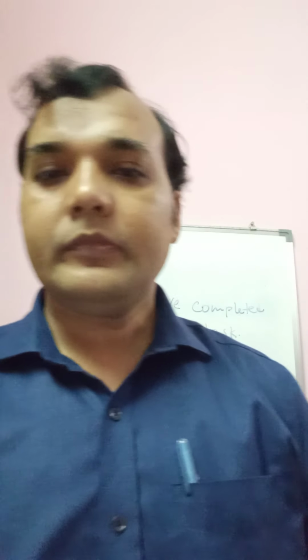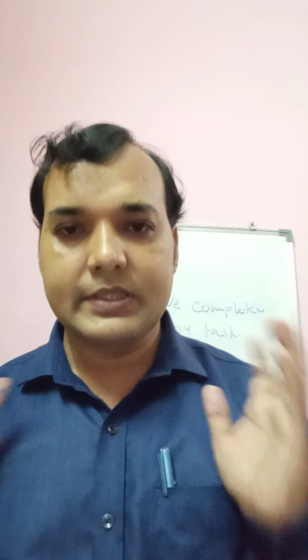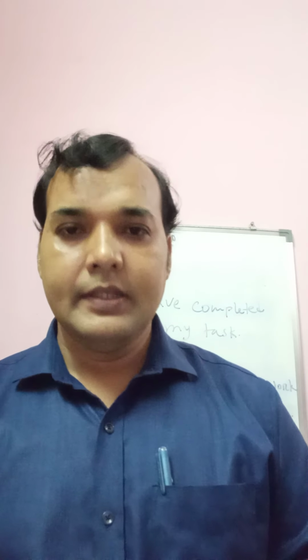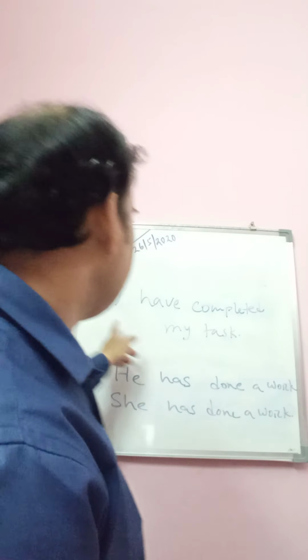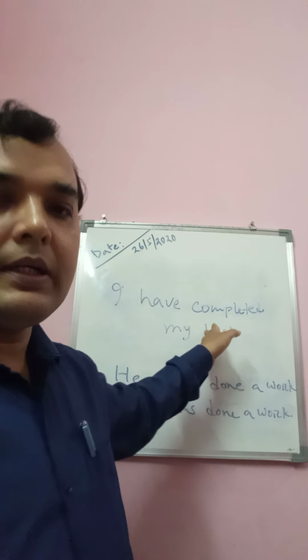When something happened in the past but the consequence of the action is still fresh in our mind, then also we use this present perfect tense. When we have completed certain things a while ago, then also we use this tense, as in: I have completed my task just now. This is present perfect tense.